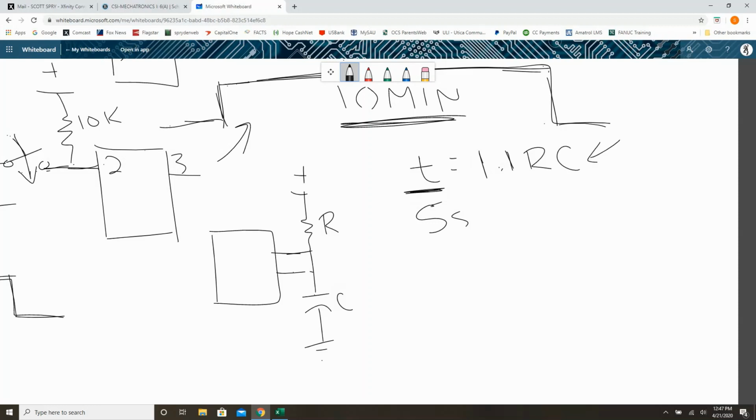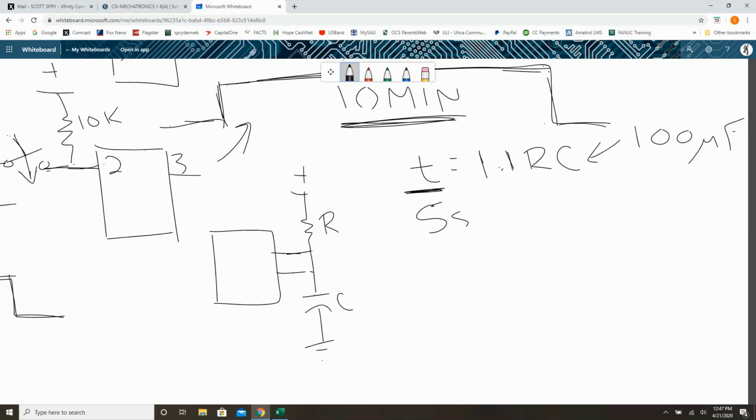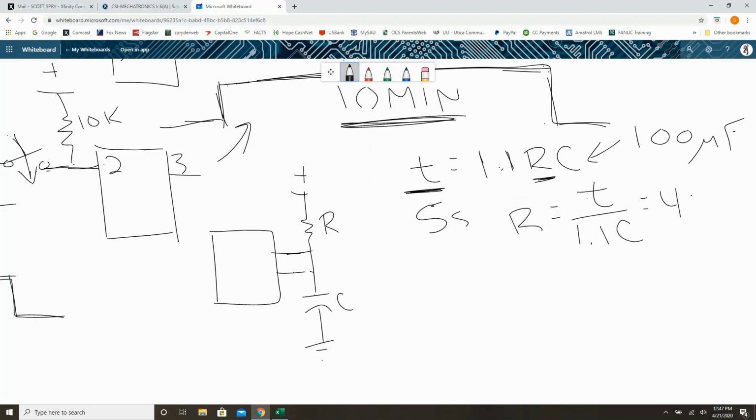And I told you we always go into the cabinet and see what capacitors we have. We're going to use a 100 microfarad capacitor. So now all I have to do is solve for R. If I solve for R, I will have R equal to T divided by 1.1 times C. Now if I put in my 5 for my T and my 100 microfarad for my C, I'm going to get about 45.